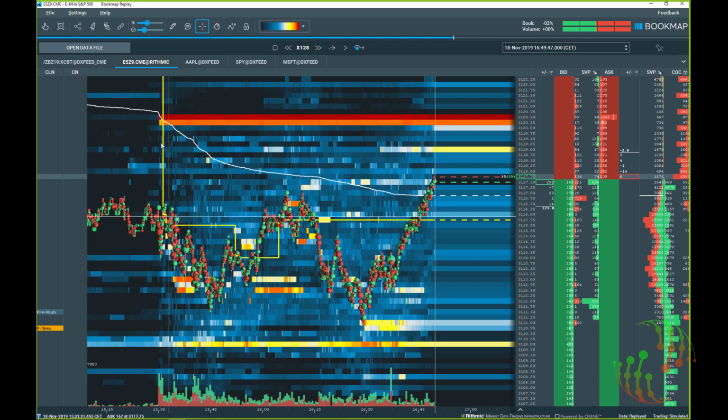It was visible from the beginning on. The question was, how should we trade it? What can we do? Where should we go long? But it was obvious that this is the target, or this is the area of our first target.